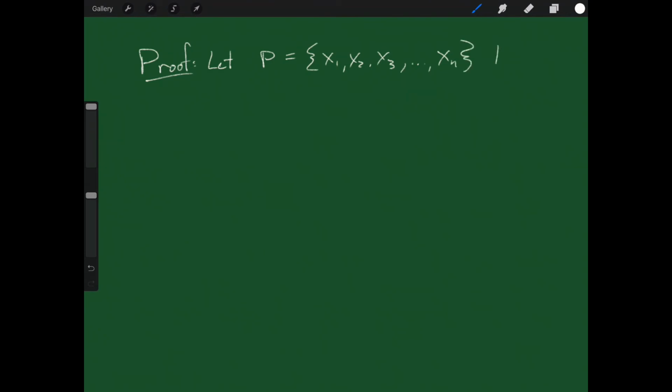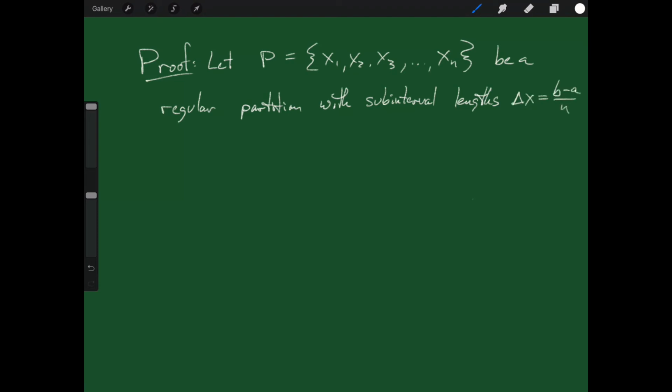And this is going to be a regular partition with subinterval lengths delta x equal to b minus a over n.